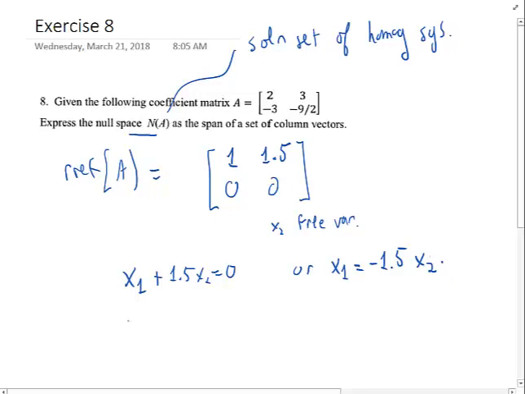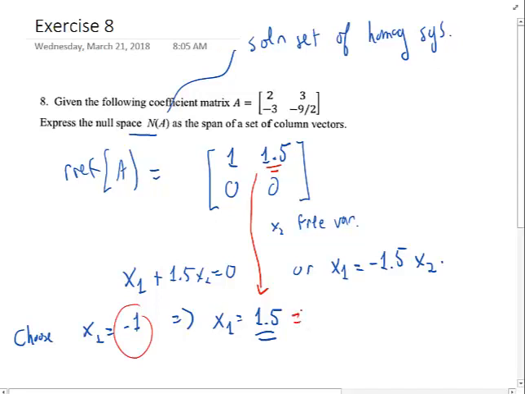Now I've been choosing x2 equal to minus 1. I can choose x2 to be anything because x2 is a free variable. And that gives me x1 is equal to 1.5. Again, I can read the 1.5 directly off of the entry here when I make this choice.